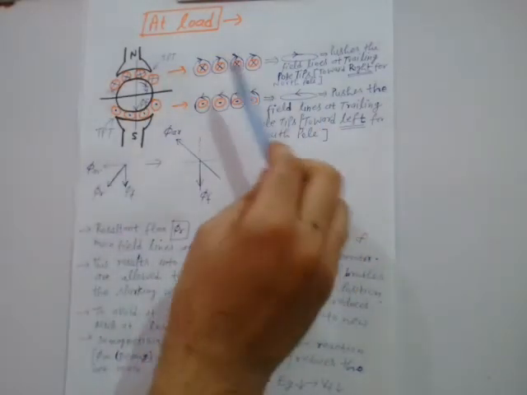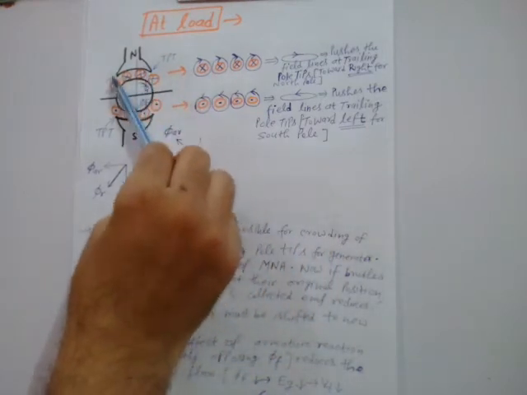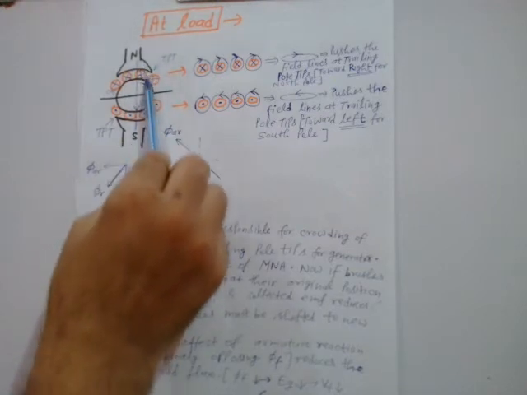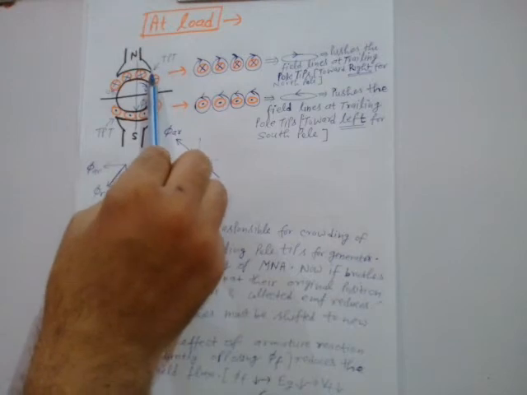So what I said, due to the effect of this armature flux, your field lines will be pushed towards the trailing pole tips of this field pole.